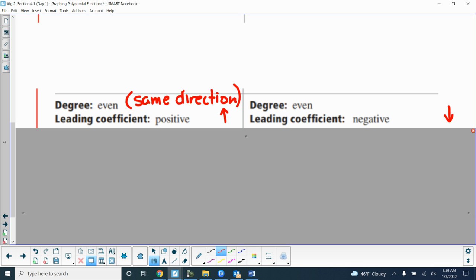So, leading coefficient positive, even. Far right going up, far left going up. Leading coefficient negative, going down the far right. Even degree means the far left is going down.